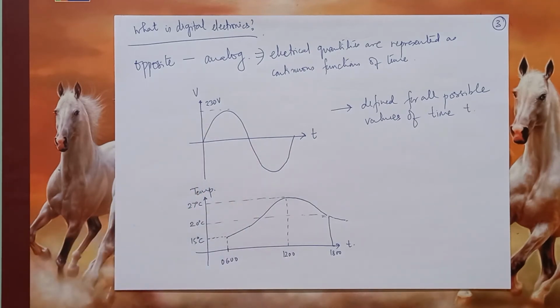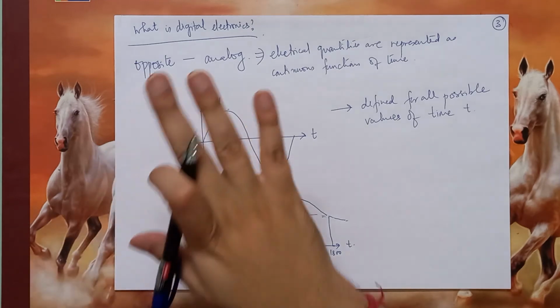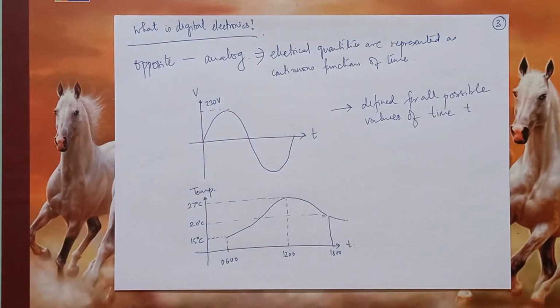So we must ask ourselves, if these quantities are continuous functions of time and are well suited for analog systems, then why should we bother about digital? Why not just go ahead and design them the way they are, that is, design them as analog systems themselves.